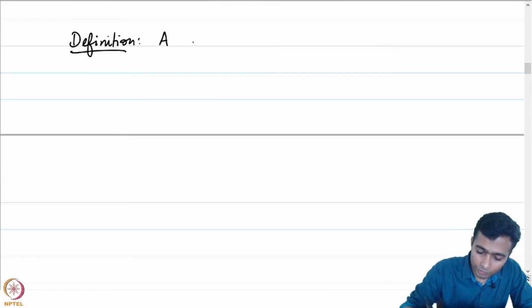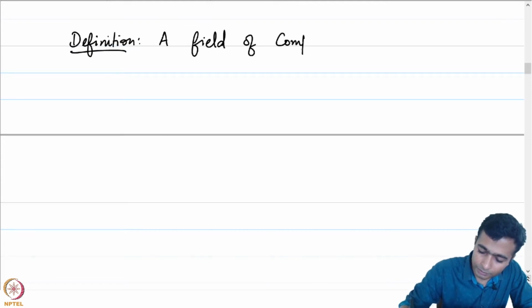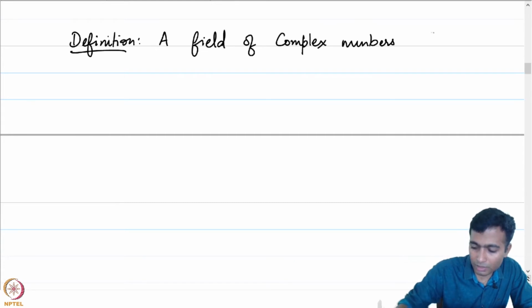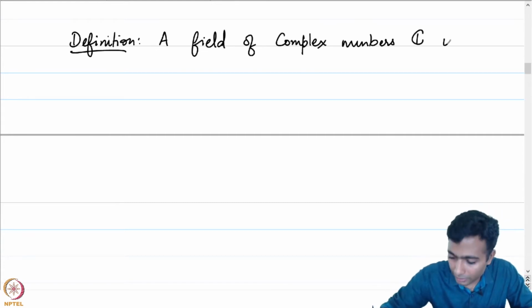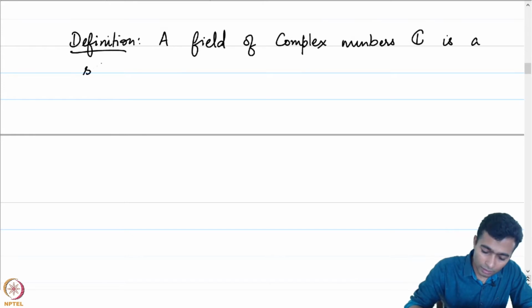A field of complex numbers C, this is a set, is a field.